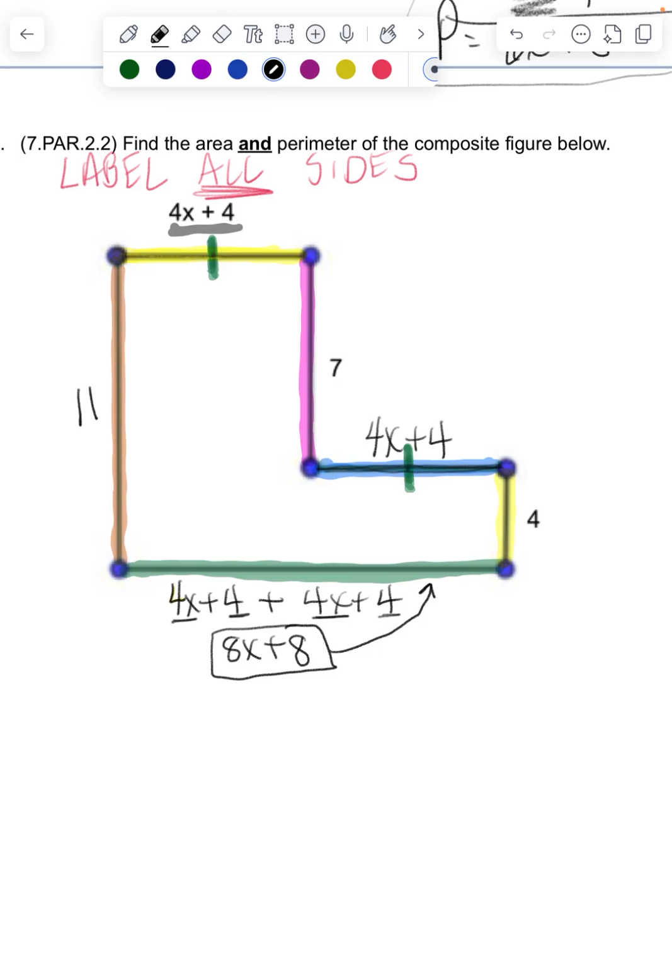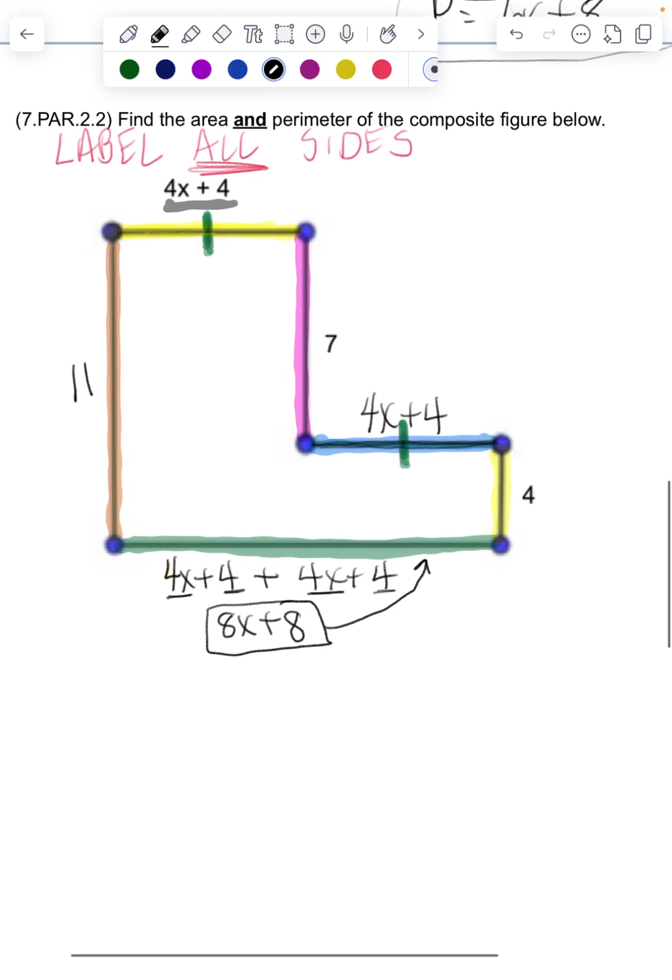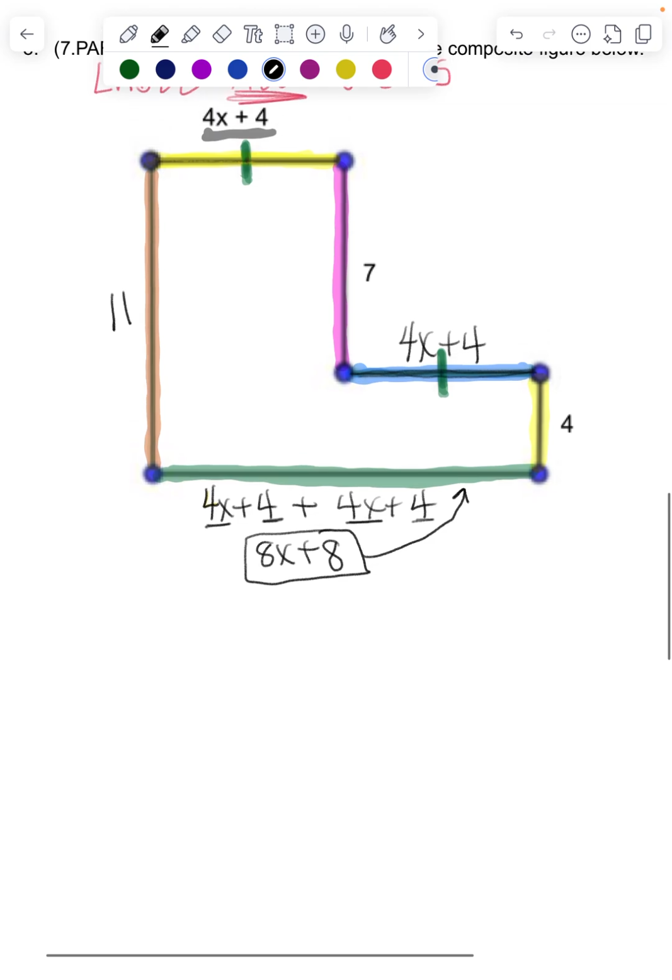So now, in order to find that, we got to find the area and the perimeter. Let's do area first. And area equals length times width.